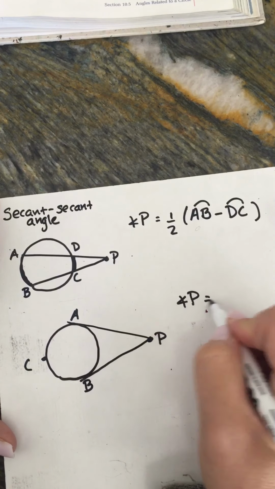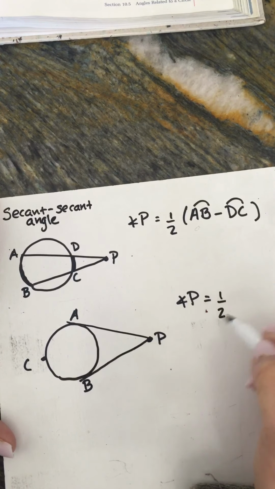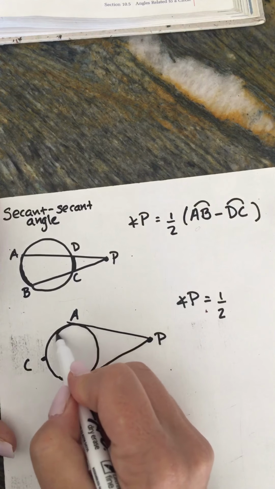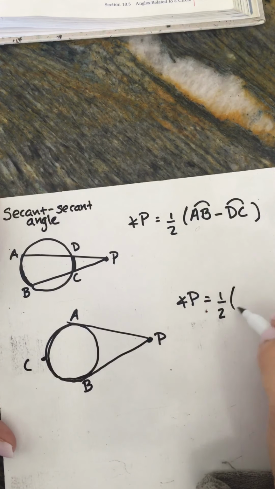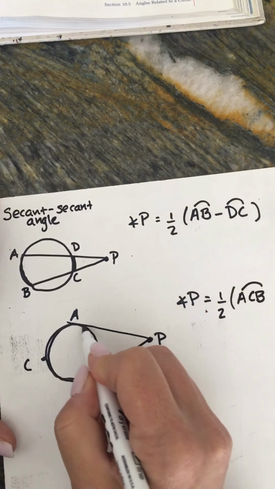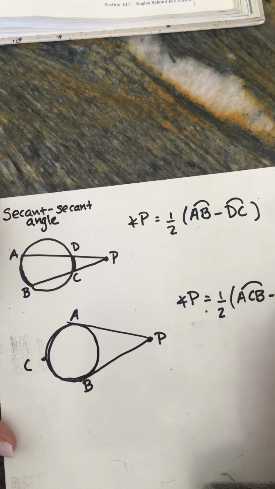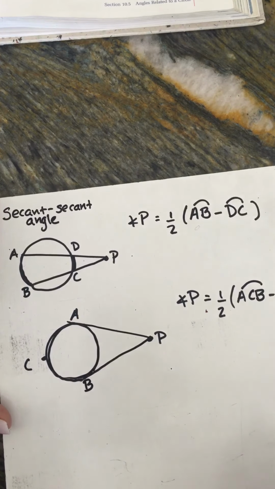Angle P is equal to half of the difference of the arcs. So you've got this major arc here, so you have arc ACB, and then you have your minor arc here, minus arc AB. So it's the same thing.